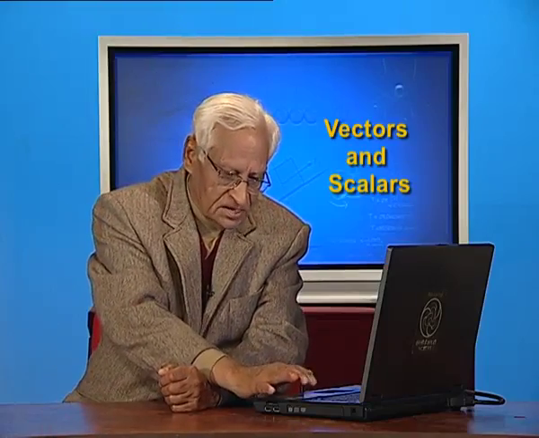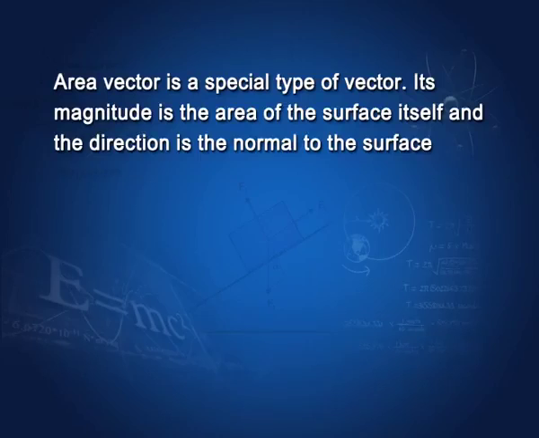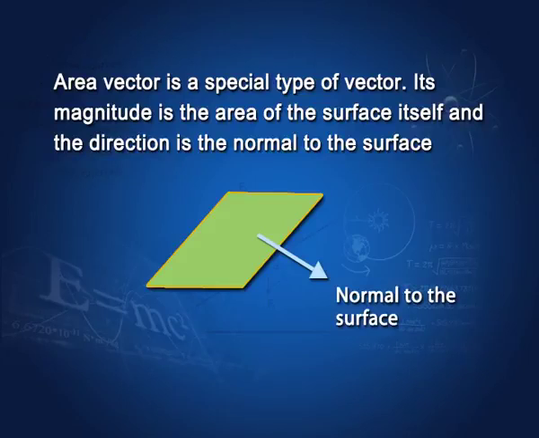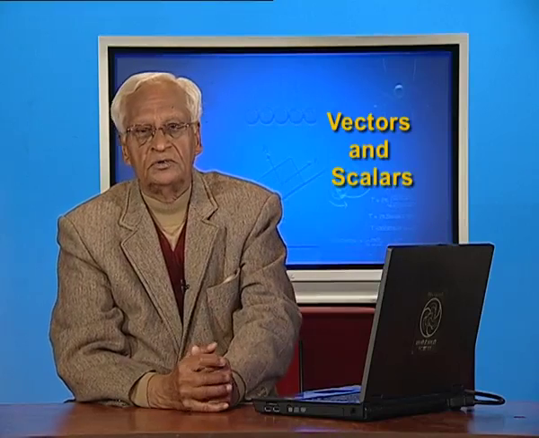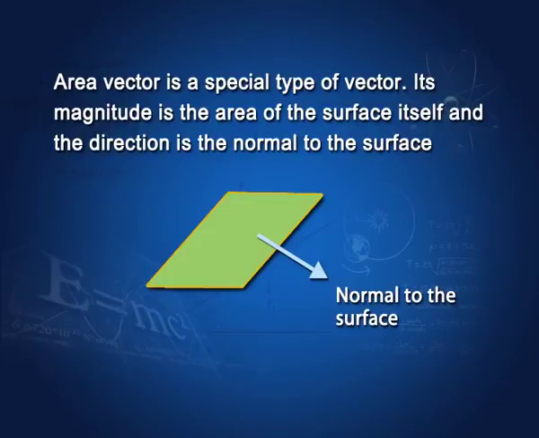So, let us see what is this vector. Area vector is a special type of vector. Its magnitude is the area of the surface itself, and the direction is the normal to the surface. In this diagram, the surface area is the magnitude and the normal to the surface is the direction of this vector.